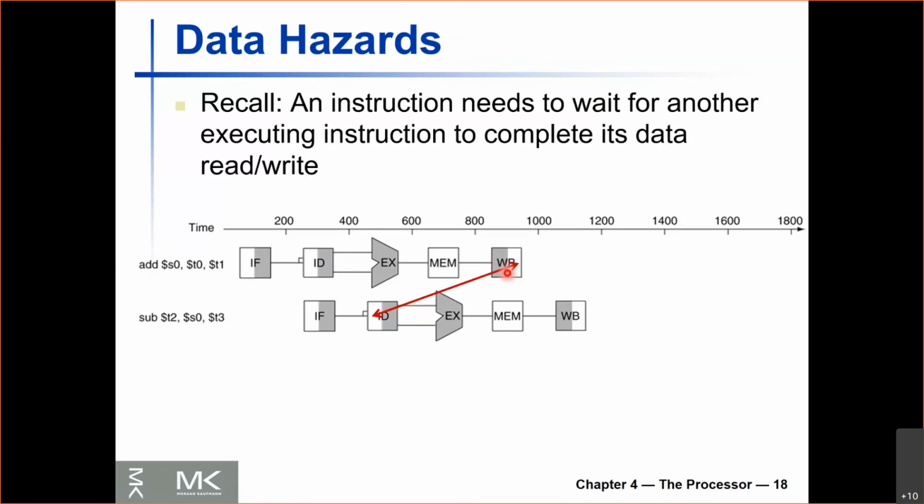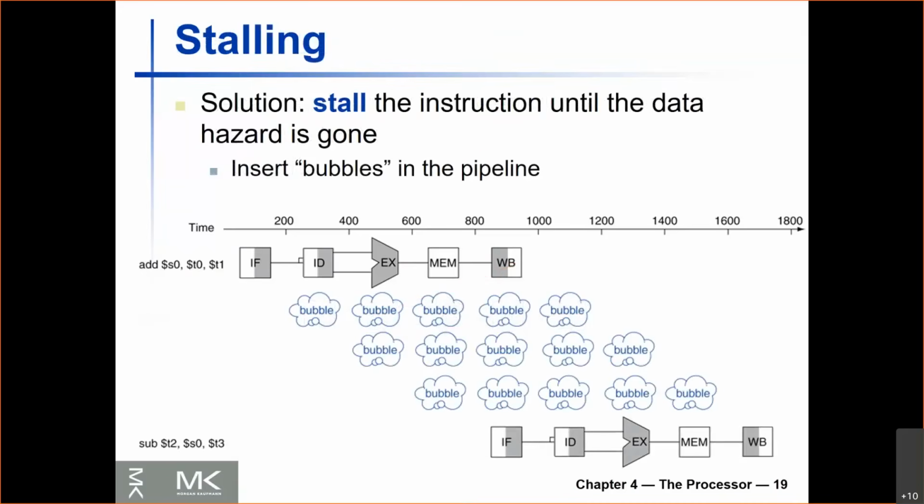So what we can do is, rather than letting the subtract instruction execute, we're going to make it wait. Exactly, right? So one solution is called stalling. One solution is to stall the instruction until the data hazard is gone, and we think of this as inserting bubbles in our pipeline.